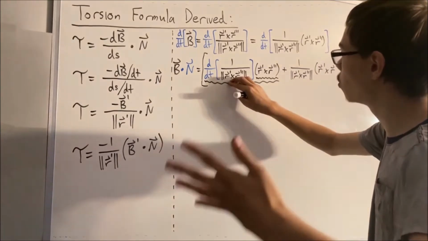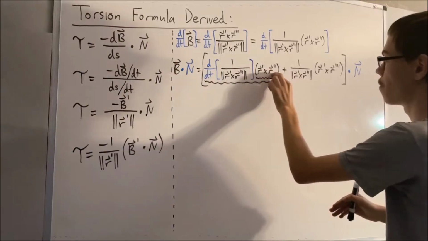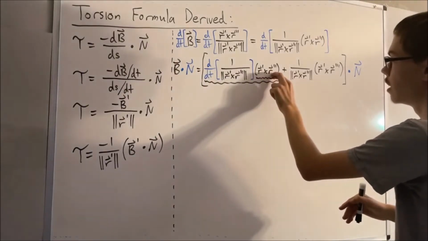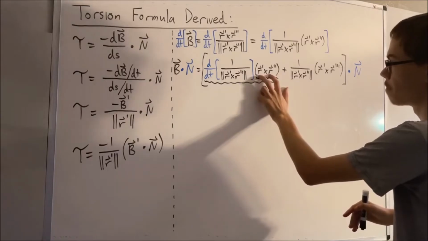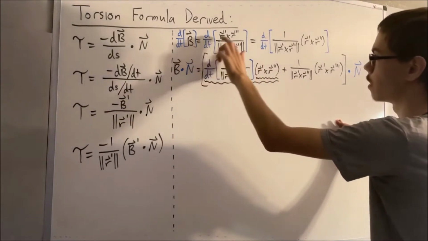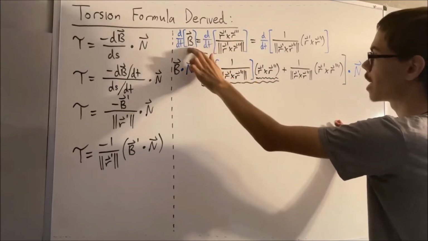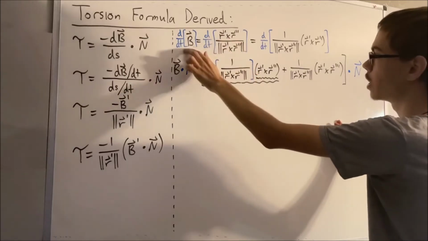So really, our only vector quantity in this first term is r prime cross r prime prime. Right? And r prime cross r prime prime is parallel to the unit binormal vector. If you recall, the unit binormal vector and r prime cross r prime prime point in the same direction.